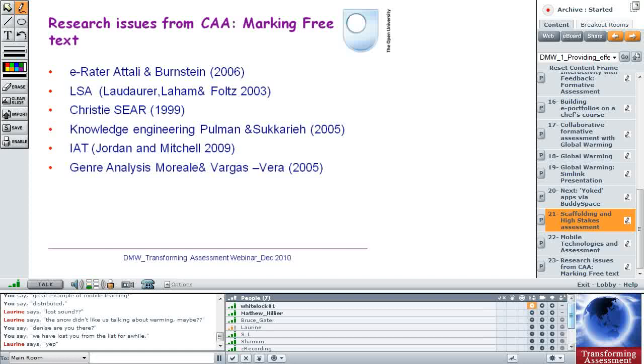ETS are a really important company in this domain, and Steve Pullman, who I'm starting to work with at the moment, is a natural language specialist, and many of his doctoral students actually go to work for ETS. And we've used Mitchell's system in the university with Sally Jordan, who's used that to give some free text entry to science questions, but they are very limited at the moment.